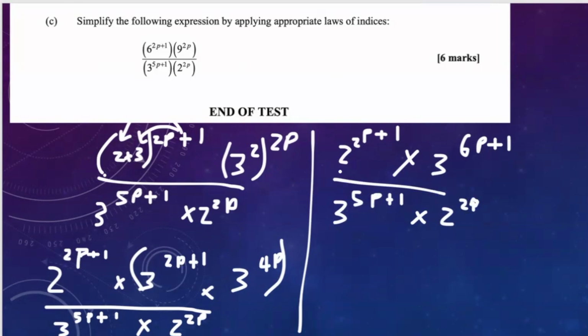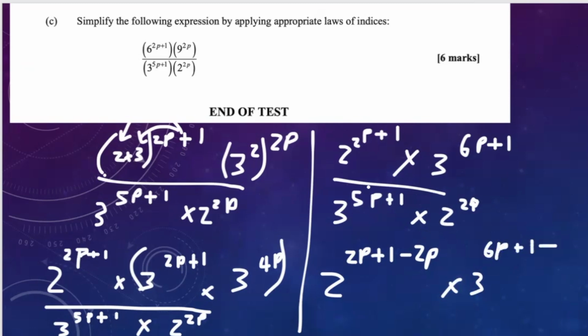Now these bases are the same crossways, so you write the base once, then you have 2p plus 1 minus the second base power. So this is the next base with the power 2p. So the first power minus the second power. Then we have 3. First power is 6p plus 1 minus the second power, which is 2p. Let's write the plus 1 in a different color. Plus 1.